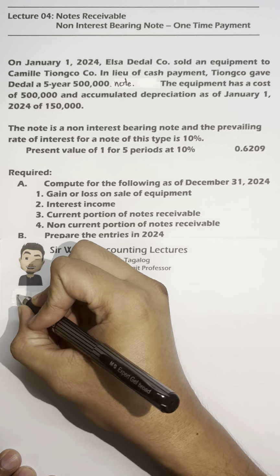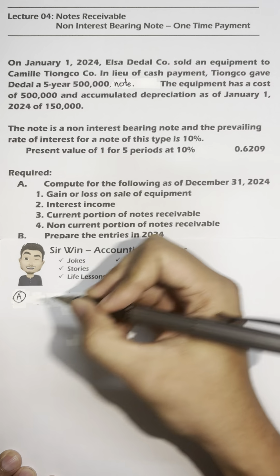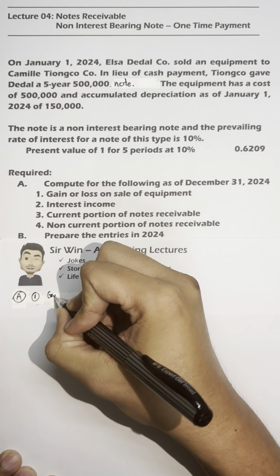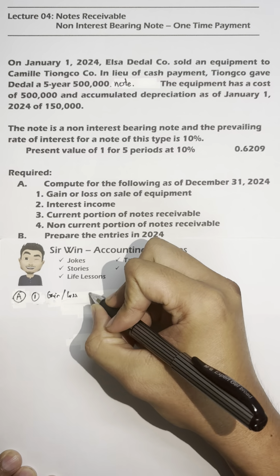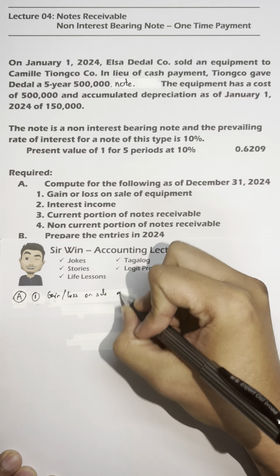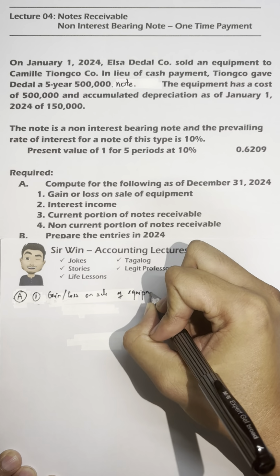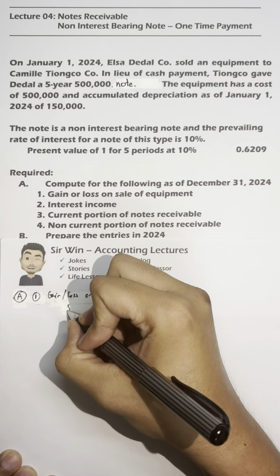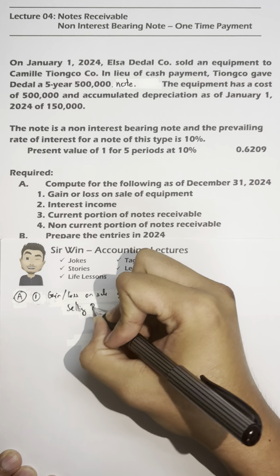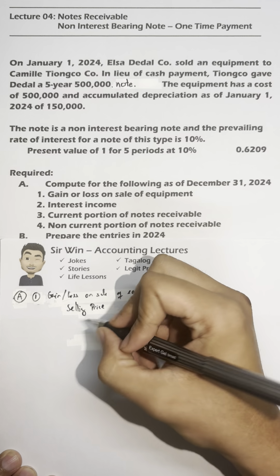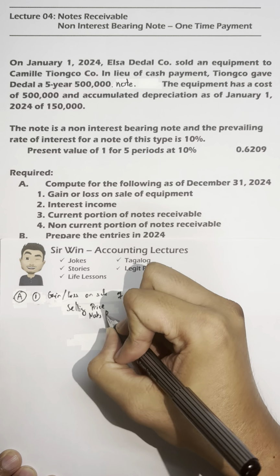So A. Okay? For letter A, number 1, we have to compute for the gain or loss on sale of equipment. And how are we going to do that? We are going to compare the selling price. Ang selling price talaga niya, dapat talaga yung notes receivable mo. Okay?